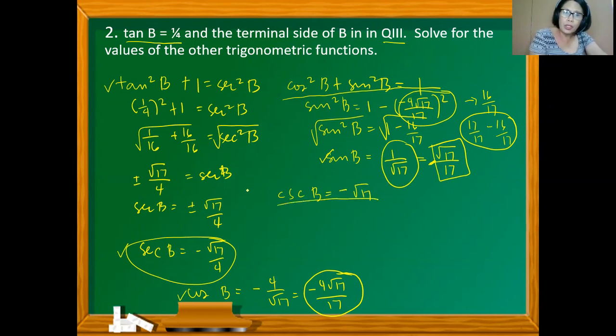While for cotangent B, we'll just get the reciprocal of tangent, which is 1/4. So cotangent B is 4. So working on the Pythagorean identities, we'll be able to solve for the missing trigonometric function.